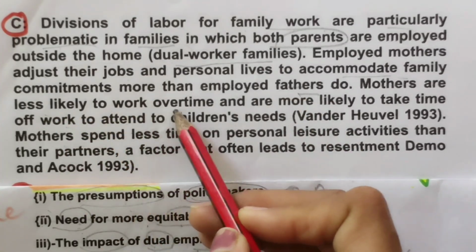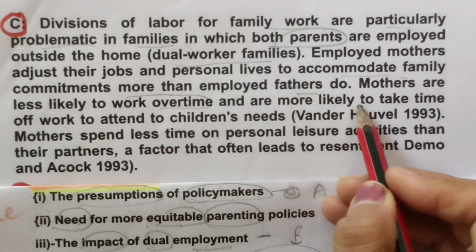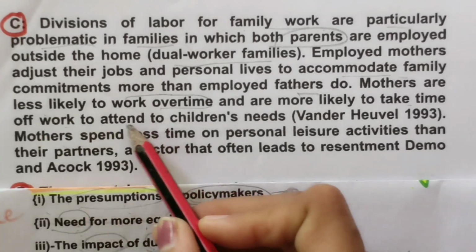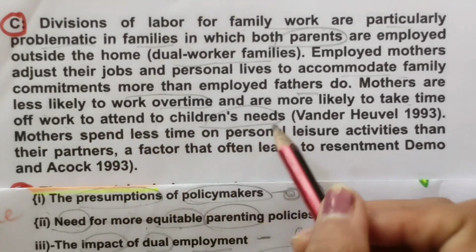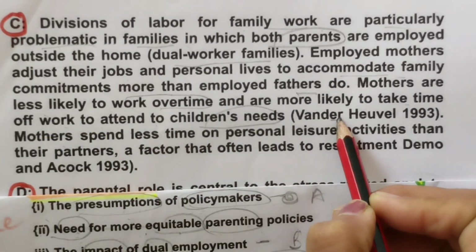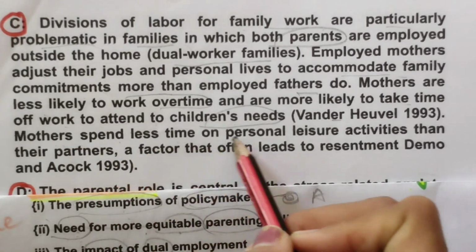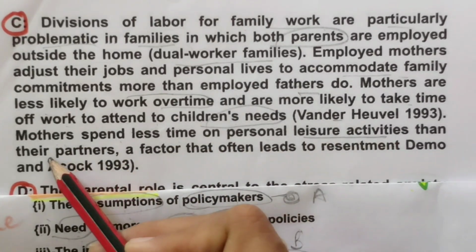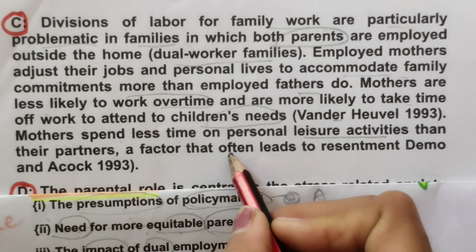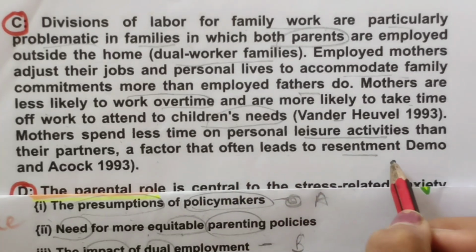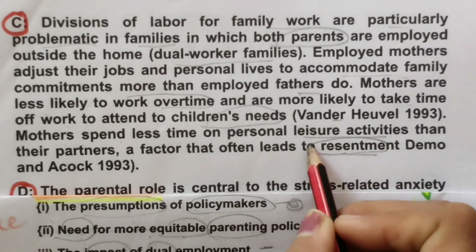Mothers are less likely to work overtime, and are more likely to take time off to attend to children's needs. Mothers spend less time on personal leisure activities than their partners, a factor that often leads to resentment.